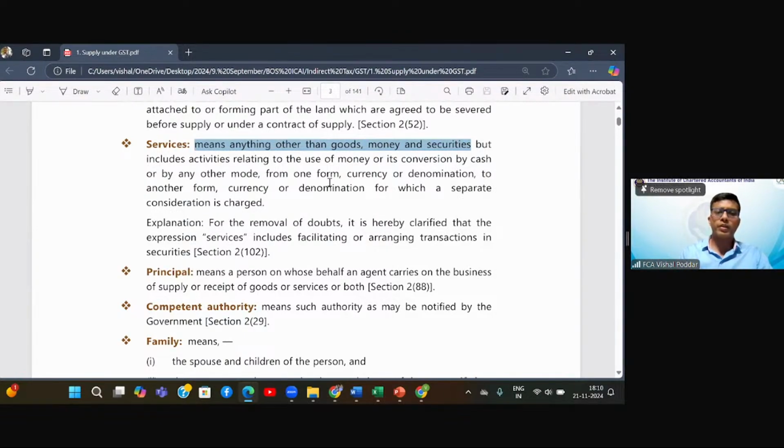However, it further says that even though per se money is not goods, it is also not service, but the use of money is service. And what is the consideration for use of money? It is interest, though it is presently exempt, but at least the service definition covers the use of money as a service.